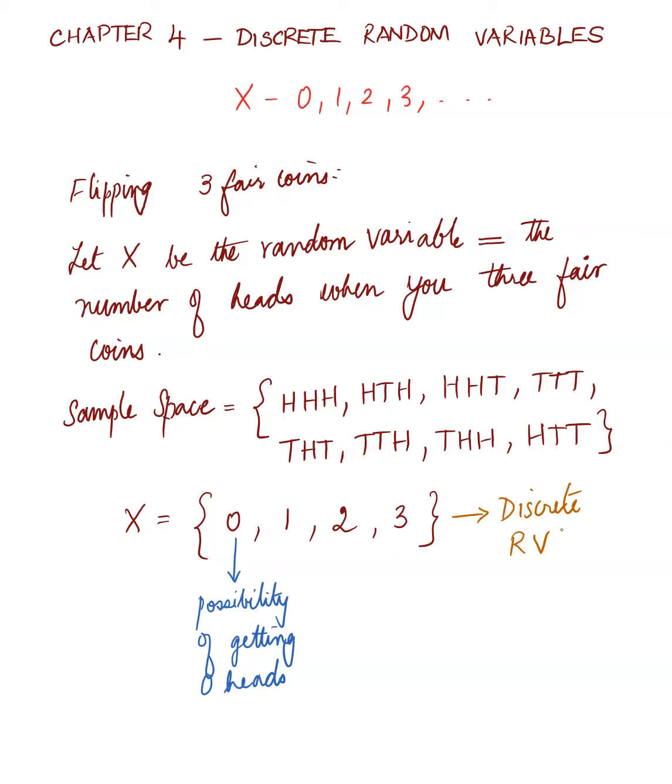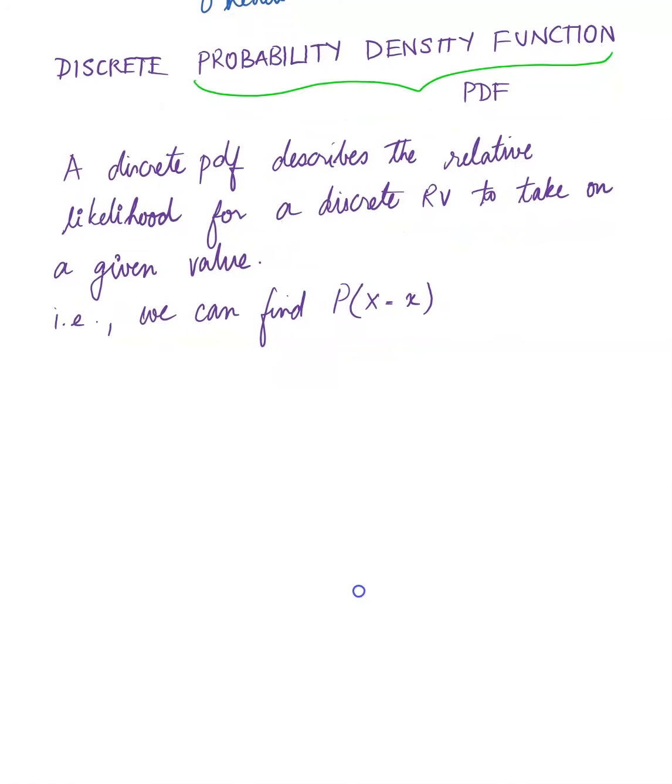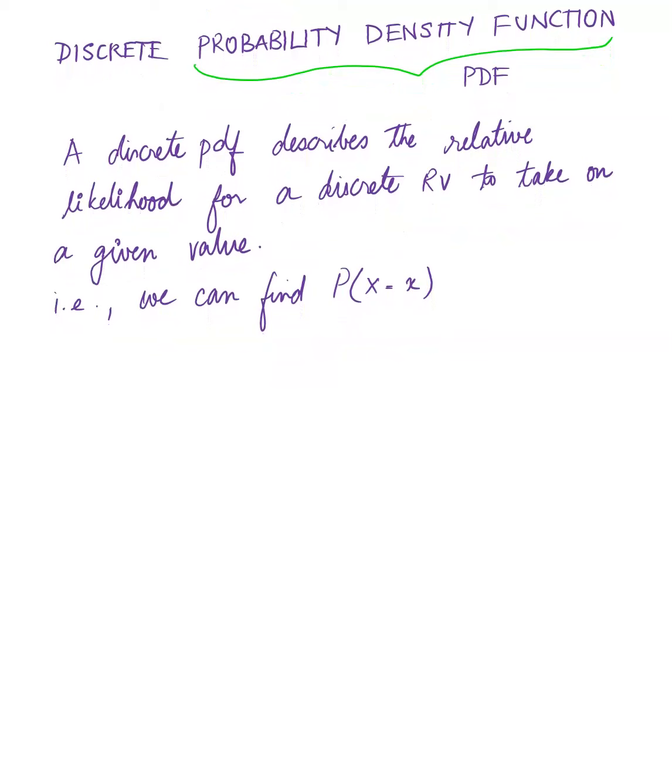So let me quickly describe the discrete probability density function through its formal definition. The probability density function is known as PDF. So we will say binomial probability density function, Poisson probability density function. So the shortcut is PDF, not like the PDF file, but here it means this.